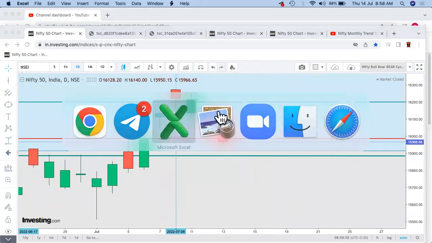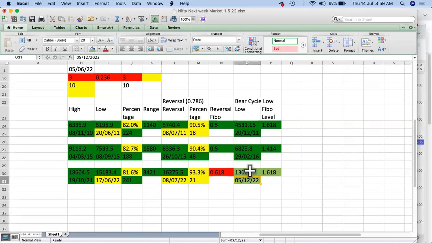But at this point, to summarize, the levels should be coming down to 0.5, or maybe the reversal to 1.618 from the top would be 16069. We may be wrong, but we are just having a wide probability in terms of price. In terms of time, it would be somewhere around 5th of December 2022.